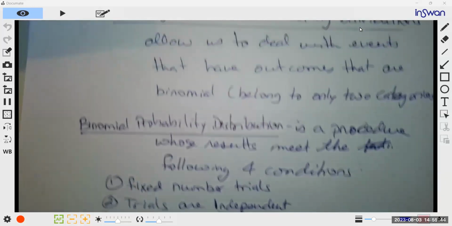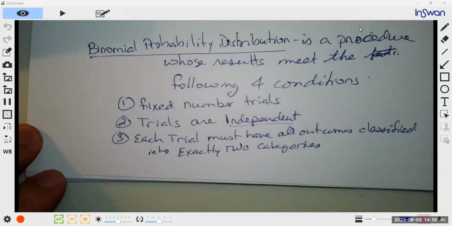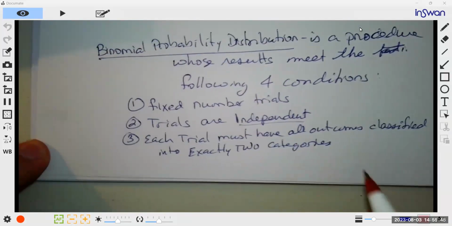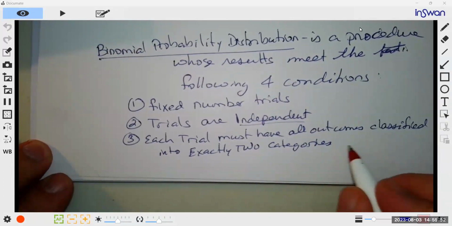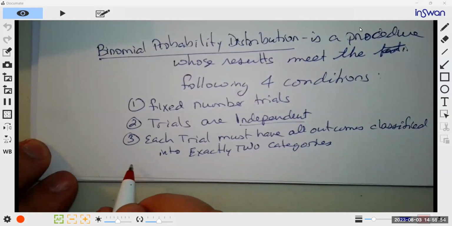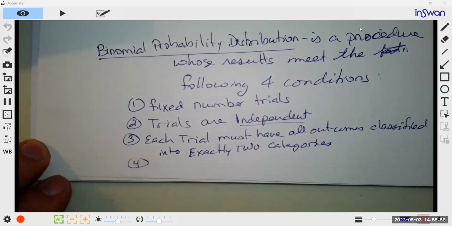Has to be binomial, which means two. Typically, we look at pass, fail, on, off, success. So true, false, whatever. This has to be only two possibilities.